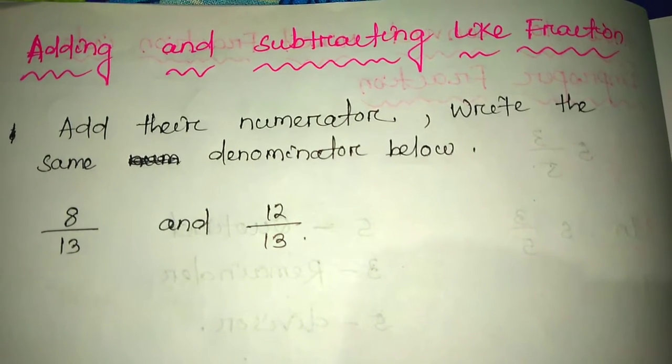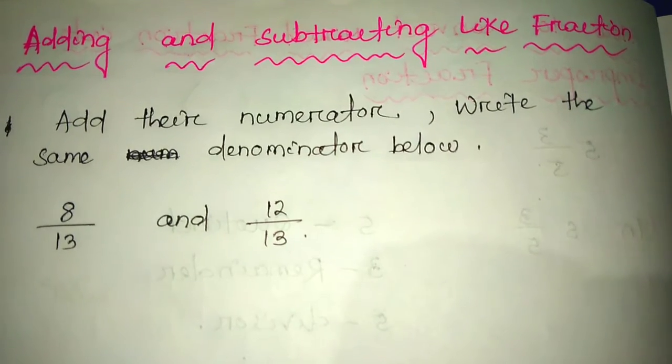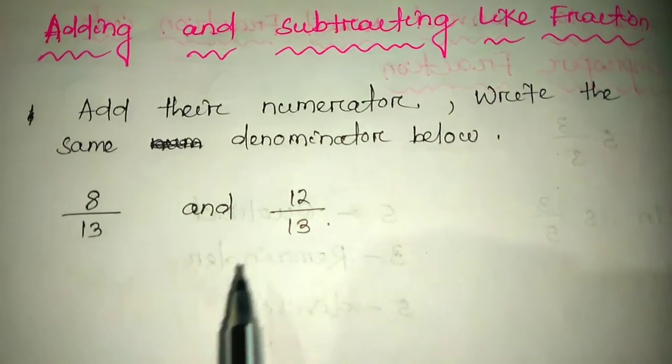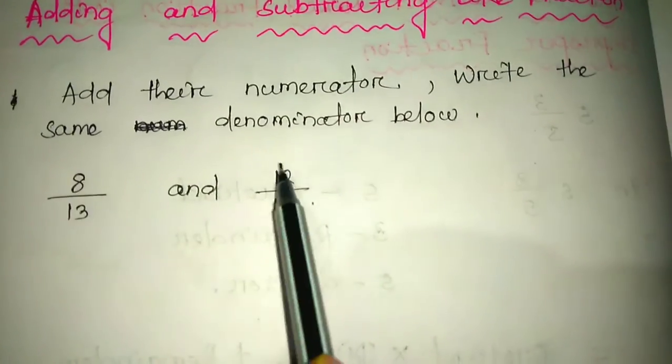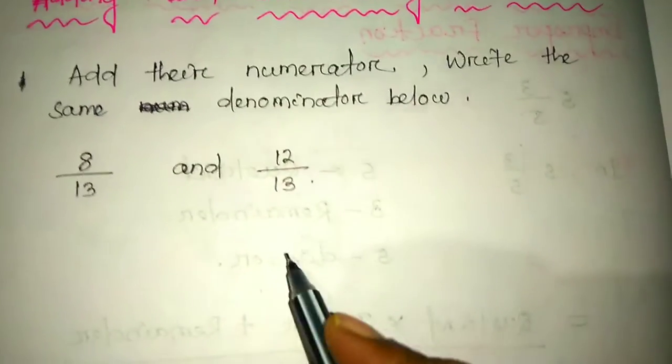Let's move to our next topic, adding and subtracting like fractions. As I told you, like fractions have the same denominator. So adding like fractions is very easy. Just add their numerators and the denominator will remain the same.